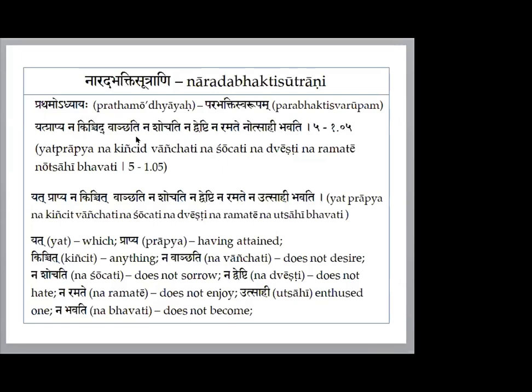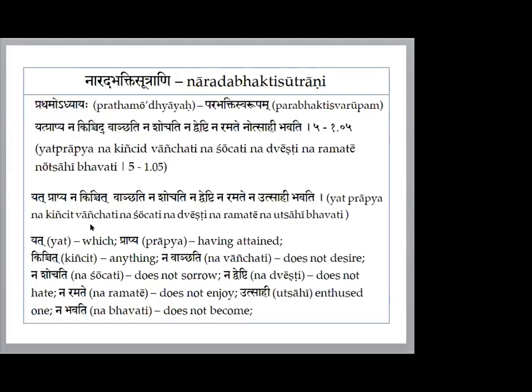Next, na sochati, na dveshti. In this sh, you have to understand that it's a cerebral sh, so the tip of the tongue should be pointing upwards. Dveshti. Na ramate, notsahi, no aspirated consonants. Bhavati again shows up. The bha is an aspirated consonant. Okay, that's the pronunciation aspects.